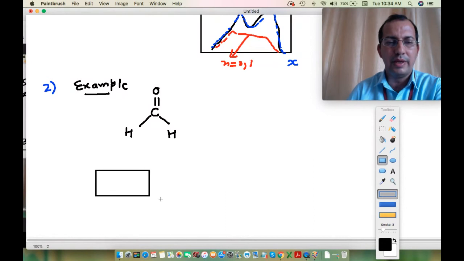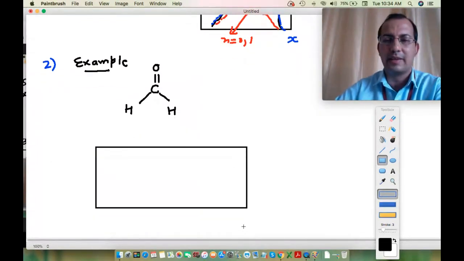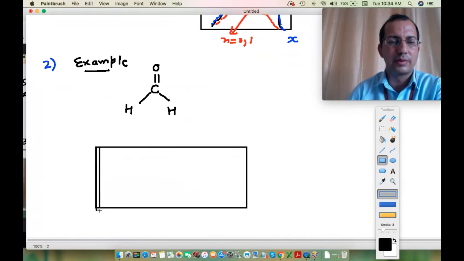So we have a very simple setup, not very complicated like Michelson or any other setup. Here we have a source, and here we have a detector.